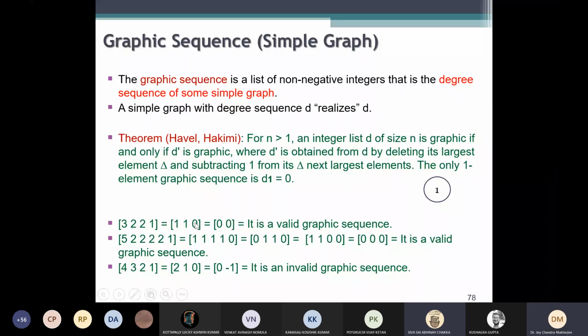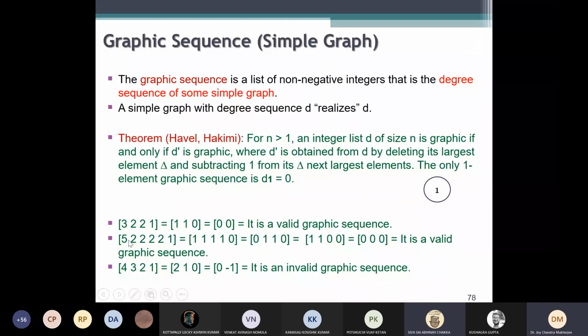Now I delete the largest element, that is 1, and subtract 1 from the next element, so it became 0, 0. Now 0, 0 is a valid graphic sequence, because it represents 2 vertices with no edges between them. So it is a disconnected graph of 2 vertices.